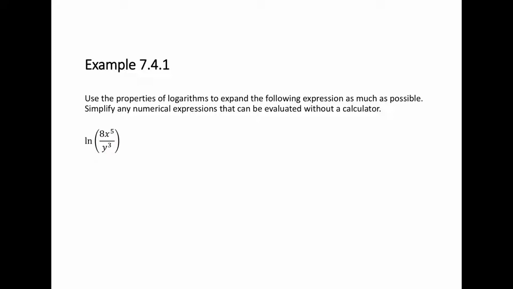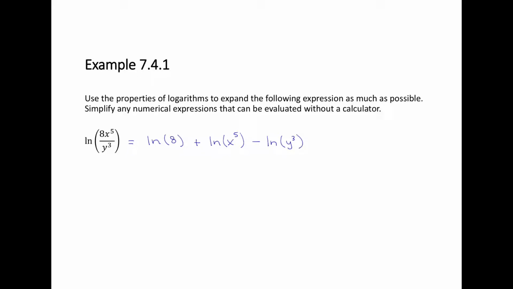So when we expand this, which is what we're trying to do here, we're going to have three logarithmic expressions. We're going to have the natural log of the 8 plus the natural log of the x to the 5th minus the natural log of the y to the 3rd.